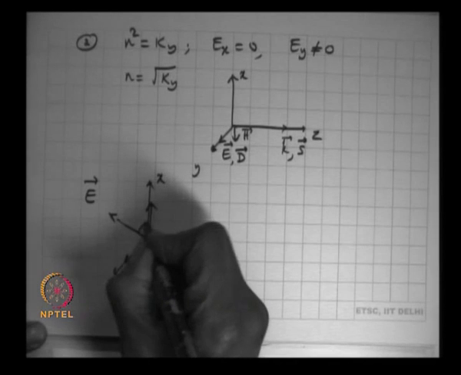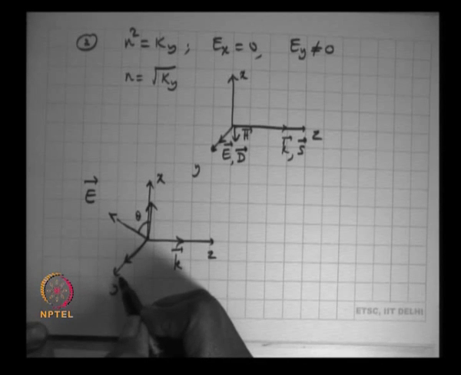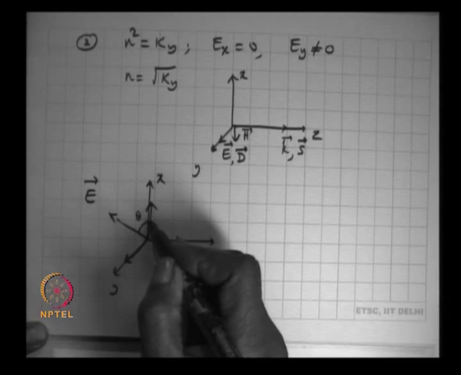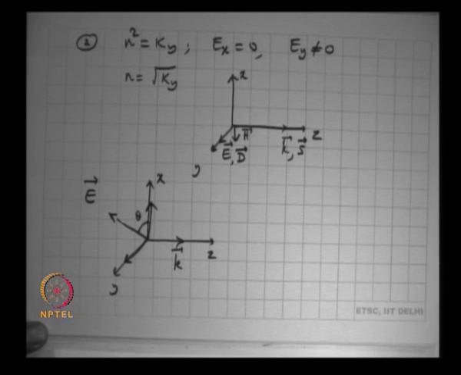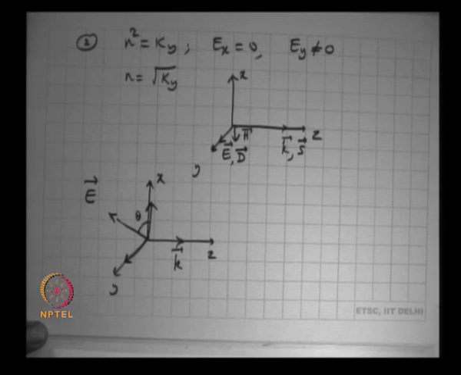So, if this angle is theta, I have E cos theta oriented along x cap direction, E sin theta oriented along y cap direction. The E cos theta component will travel with the speed c by square root of kx. The E sin theta component will travel with the speed c by square root of ky, and if kx is not equal to ky, they will develop a phase difference.